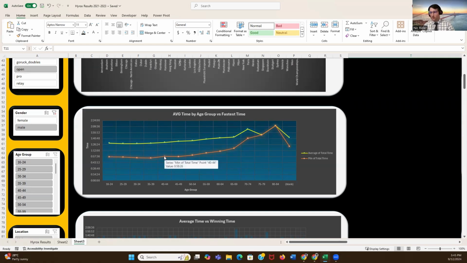The times, you don't lose too much. Like here, you've got a guy that went 58:26 in the 40 to 44 age group in open, and then here, 58 minutes in the 45 to 49. So you can still be good in your 40s. You just got to hang in there and make sure you're injury free, I would say. So 56 minutes, 54 minutes, 54 minutes.